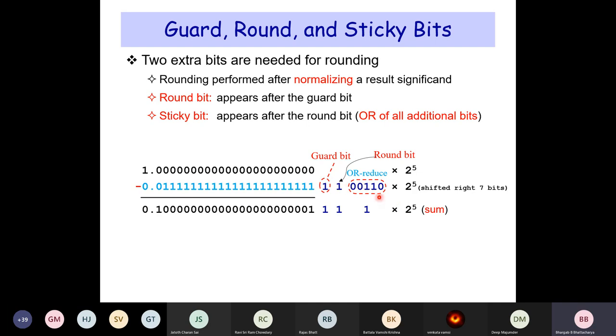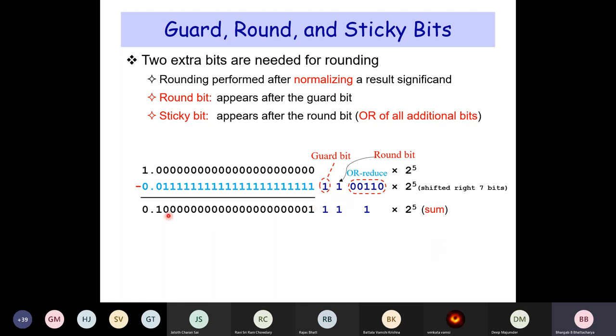And this sticky bits we take all of them, and finally we get this. But if I keep this guard bit, then considering the guard bit, if you perform this subtraction, the result would have changed, and you would have got a better, more accurate result. And that is the purpose.